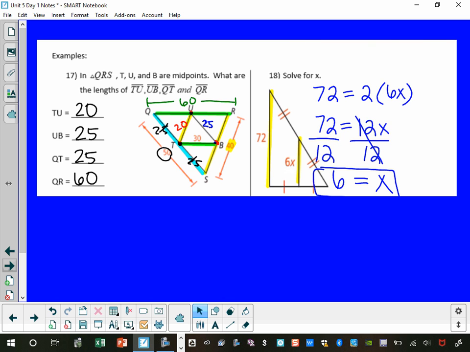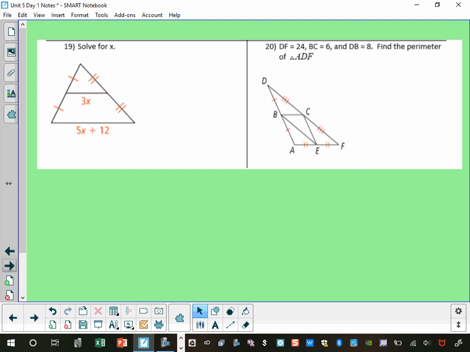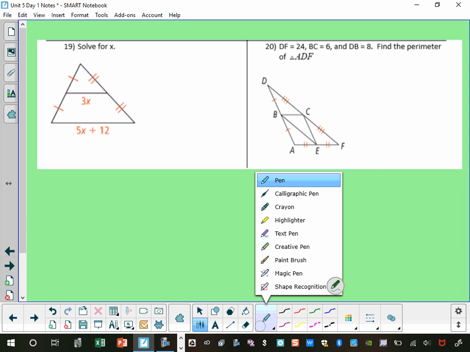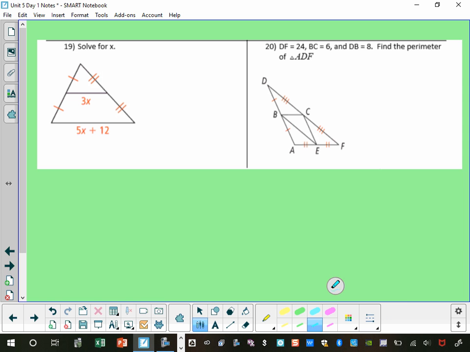All right, let's practice with number 19. Which two lines are parallel to each other? Okay, 5x plus 12, and what else is parallel? All right, which one is smaller? The 3x one, right?